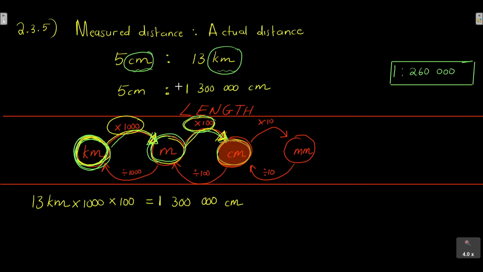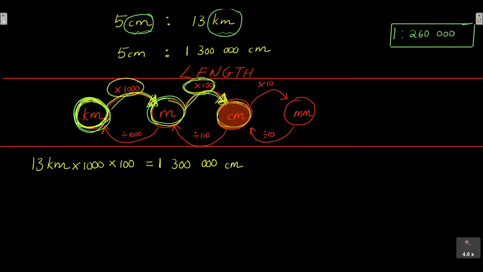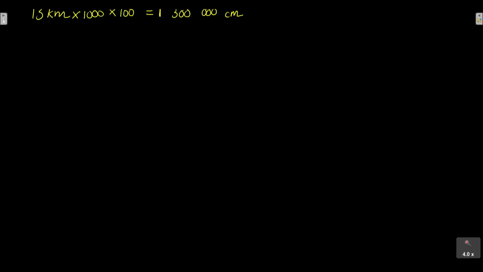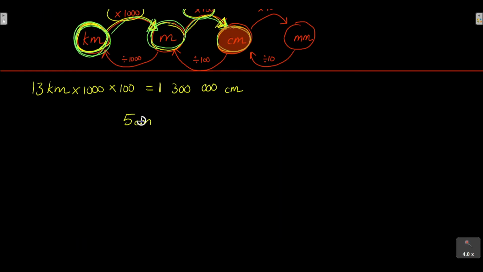Now that our units are the same, we can simplify our ratio to be in the form of 1 is to something. Remember, we already have it as 5 centimeters is to 1,300,000 centimeters.